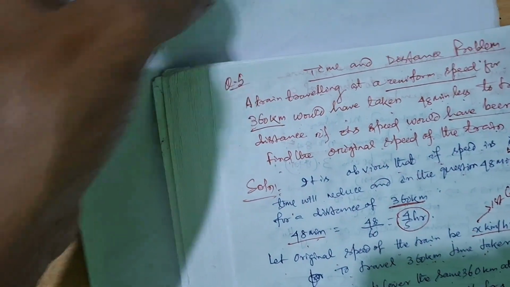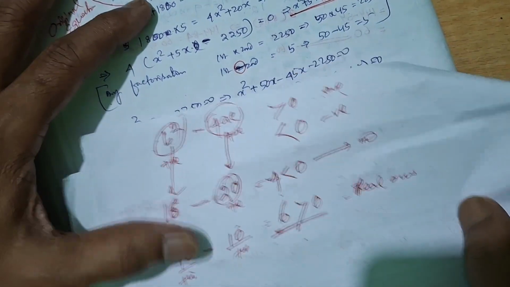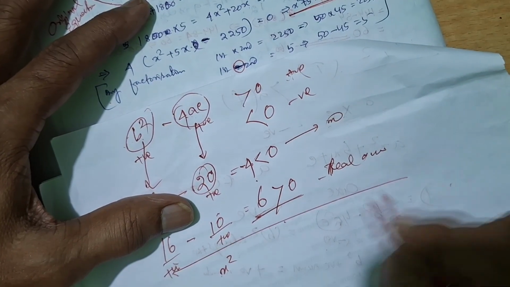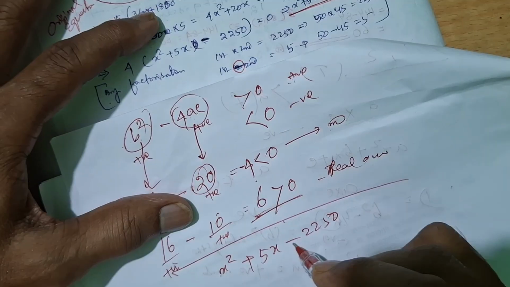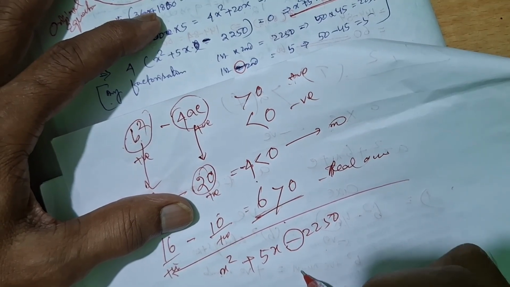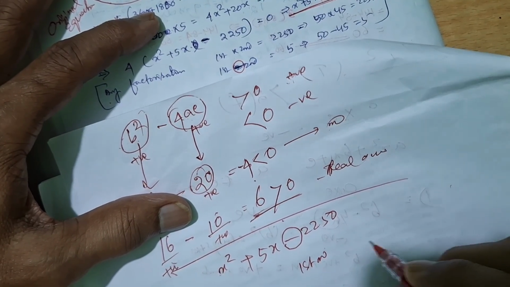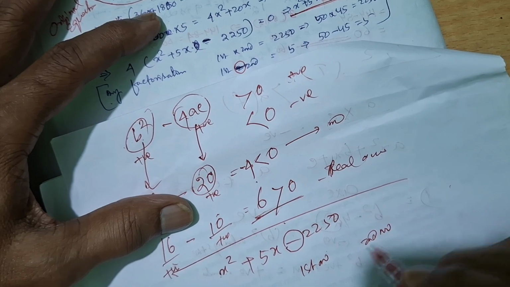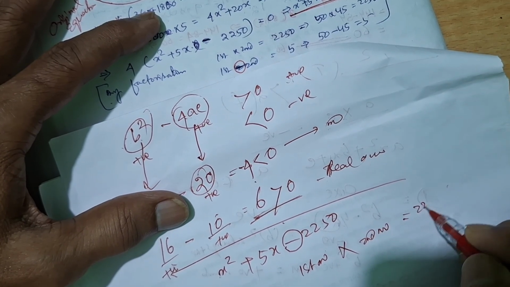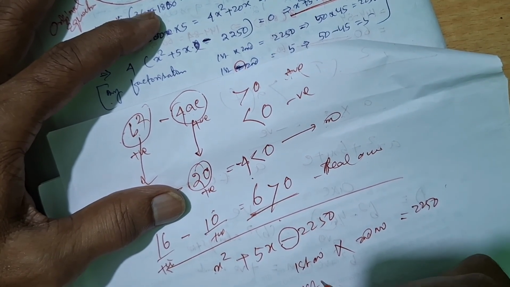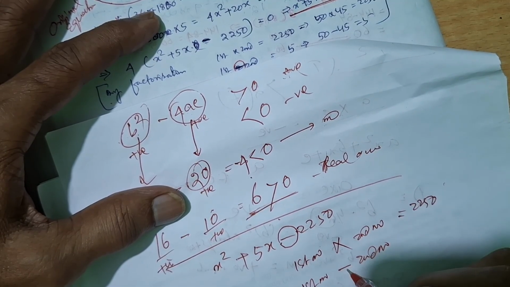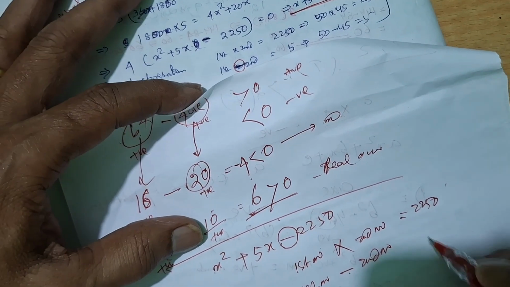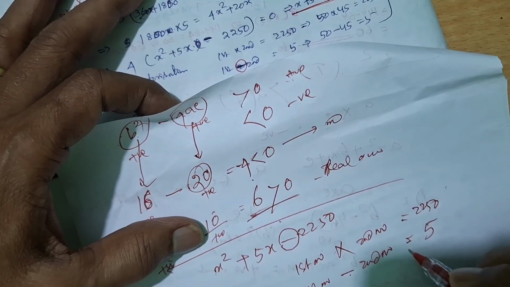What is the process of factorization? Just remember, it is x square plus 5x minus 2250. Since it is minus, we need a first number and second number whose product is 2250 and whose difference is 5.